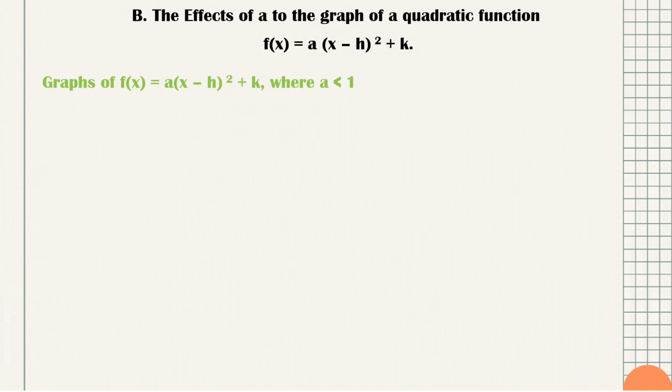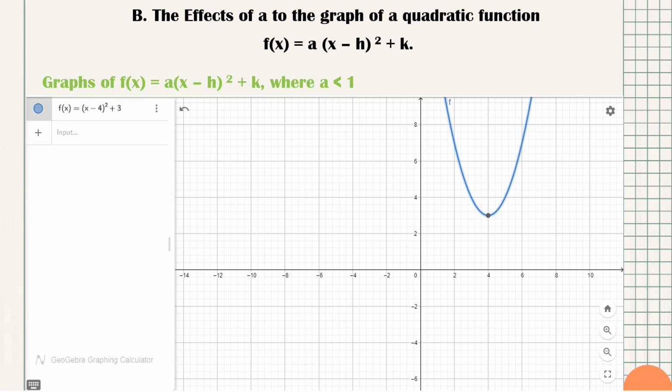Now let's have the graphs of f(x) = a(x - h)² + k, where a is less than 1. For the first quadratic function, let's have f(x) = (x - 4)² + 3, where a is equal to 1. So we have the graph of f(x) = (x - 4)² + 3, where a is equal to 1.